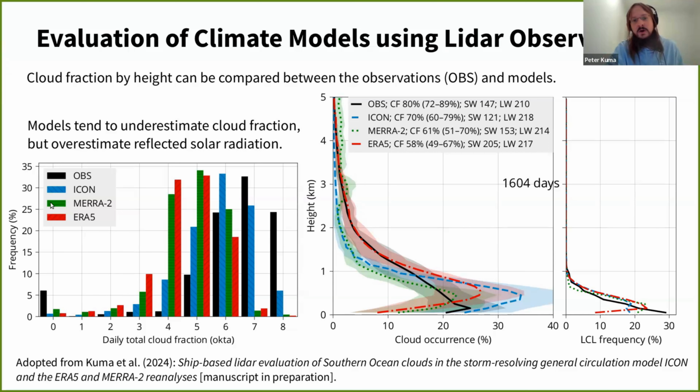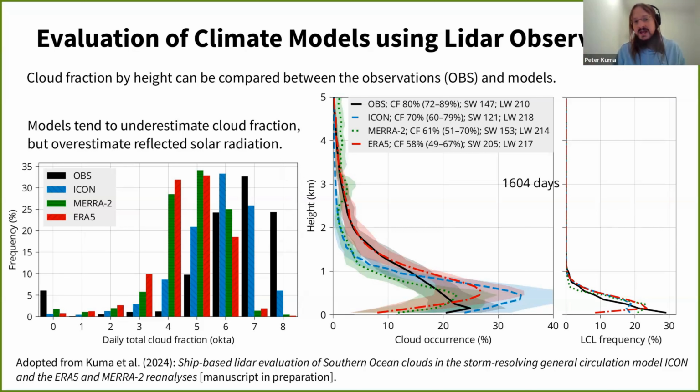But overall, we see that the models are underestimating the amount of clouds. This is over the Southern Ocean, compared to the voyages that I showed before. And so that's a fairly big error in terms of the radiation that it causes in turn, basically.